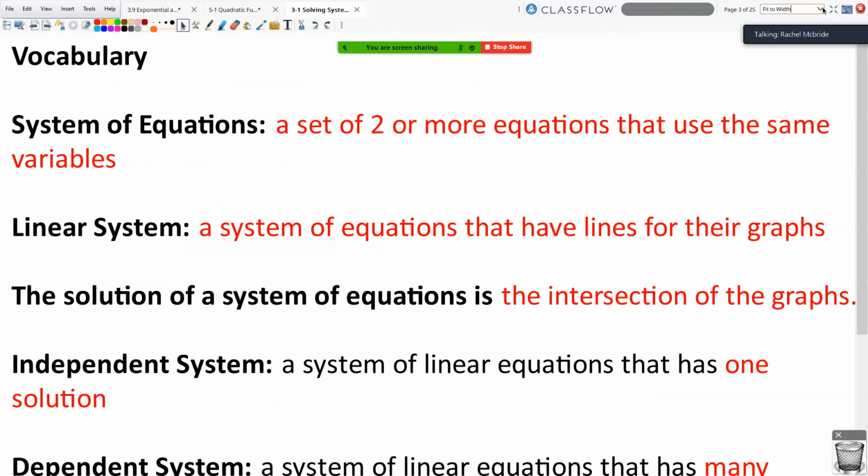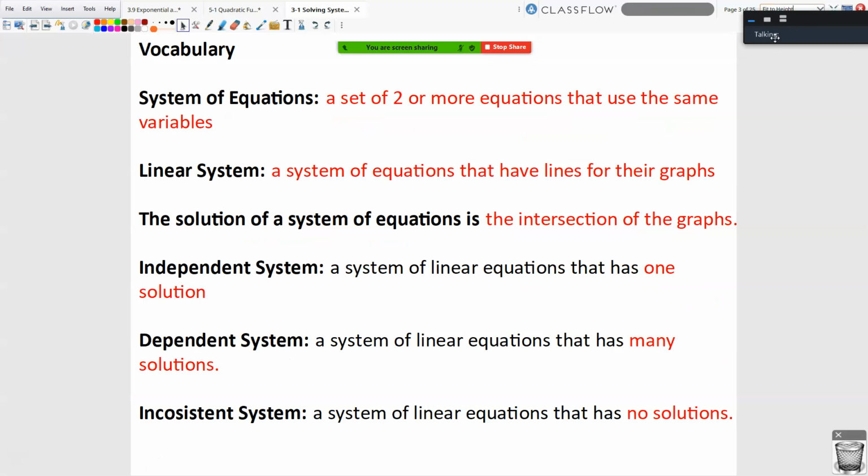So we're going to look at some new vocabulary today. We have a system of equations. That is a set of 2 or more equations that use the same variables.